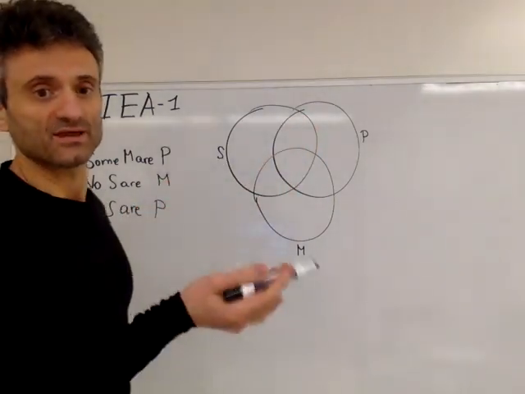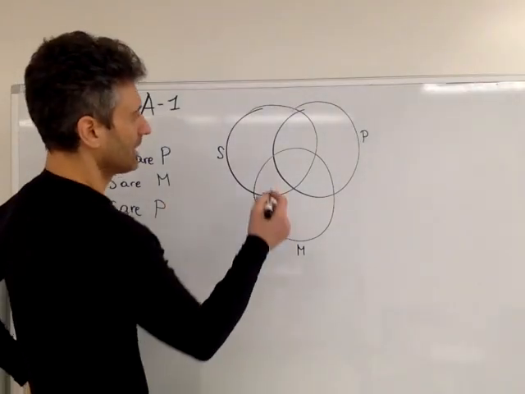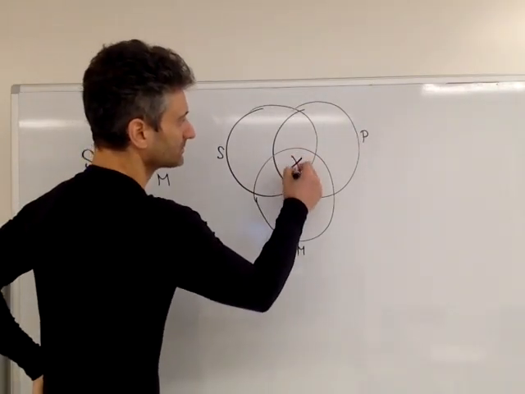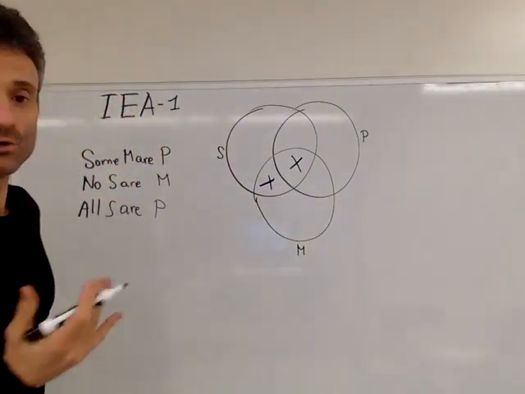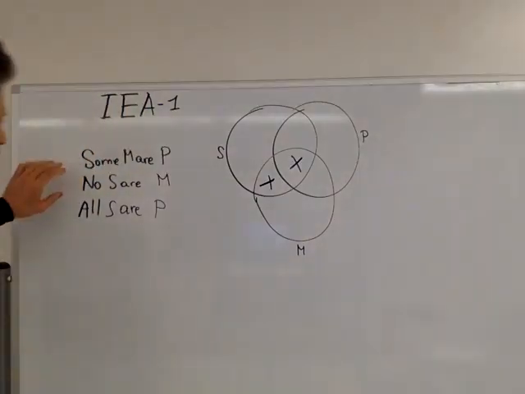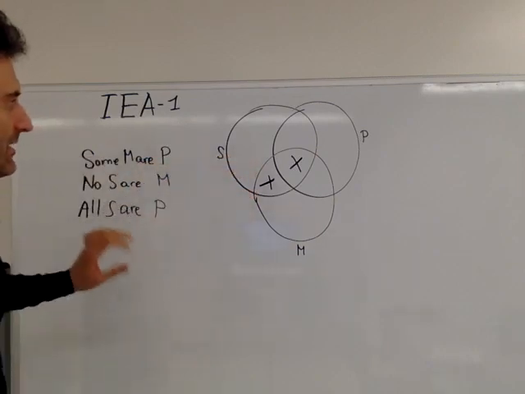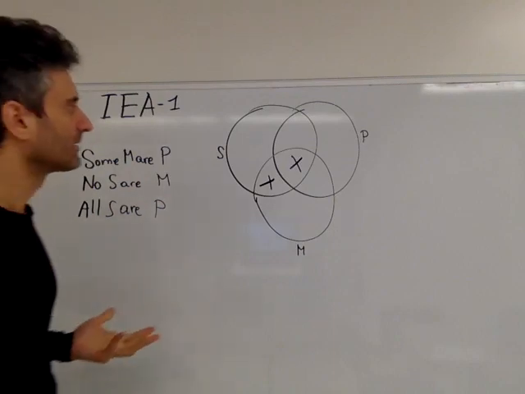I have to place an X between S and M, but where? Do I put it here or here? I don't know. Why do I say that I don't know? Well, I don't know because the premise does not specify where I should put the X. It only says there is an X between S and M, but where?